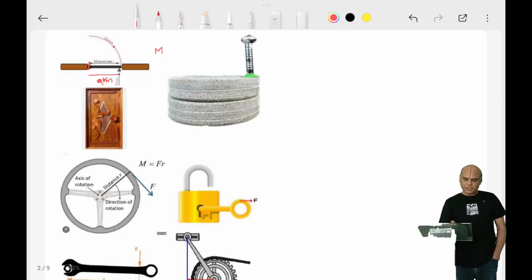If you see carefully, if the knob is nearer to the hinge or the pivot, then greater force is required to produce the same moment because the arm of the moment has reduced.